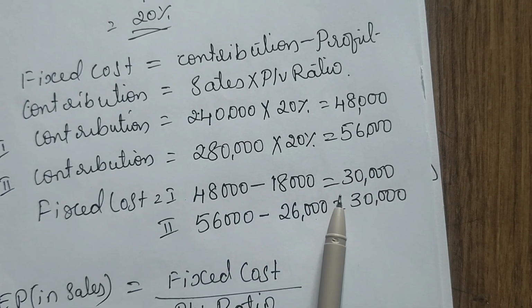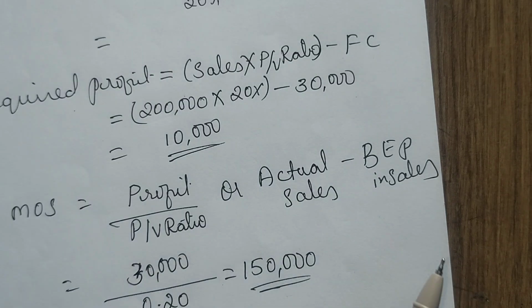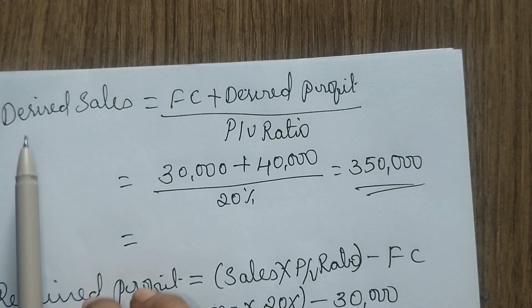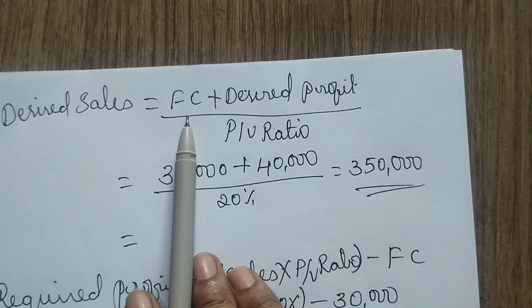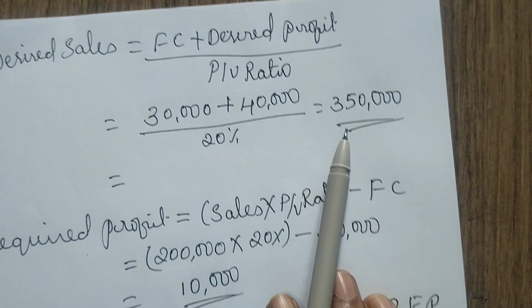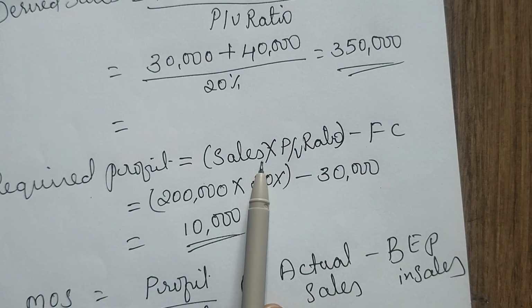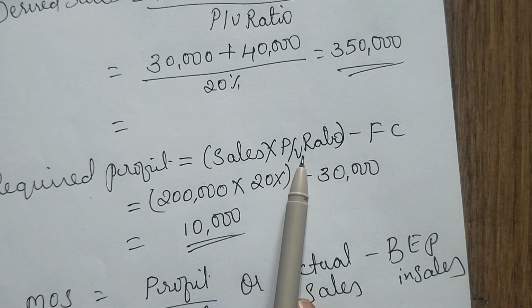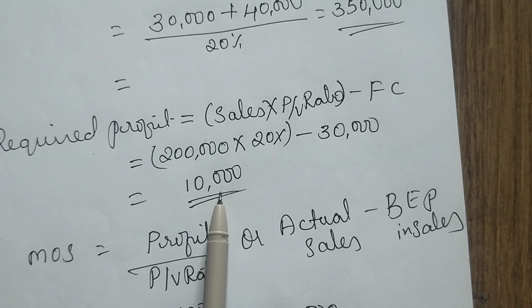You can check. Then BEP in sales is fixed cost divided by PV ratio. Then we calculated desired sales. When desired profit is given, fixed cost plus desired profit divided by PV ratio, then sales will be 3,50,000. When sales are given and we need to find required profit, we multiply sales with PV ratio minus fixed cost, then we get required profit of 10,000.